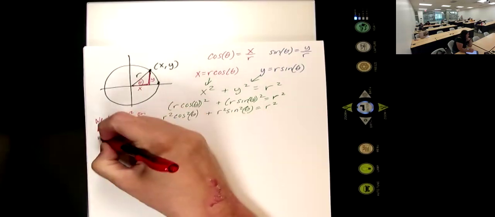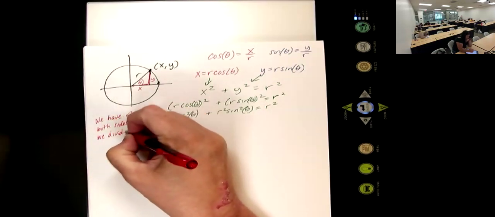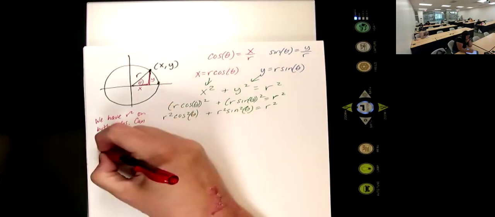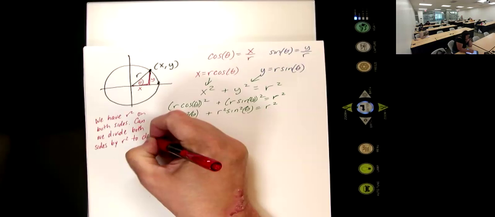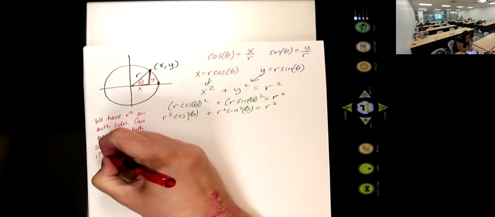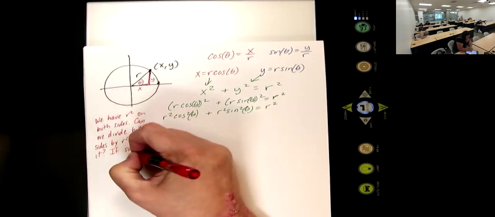Can we divide both sides by it? To clear it? If so, why?